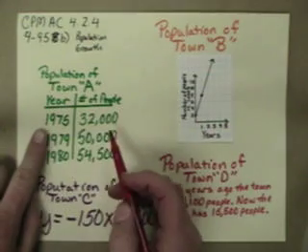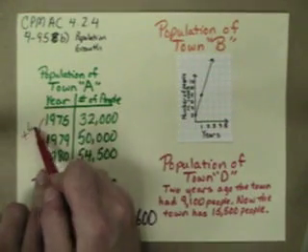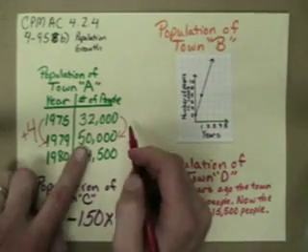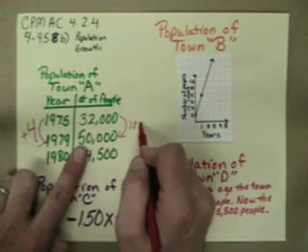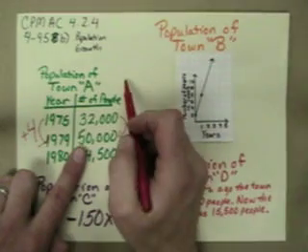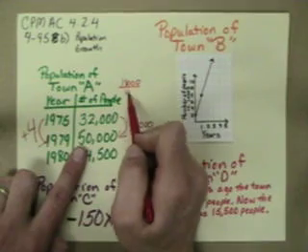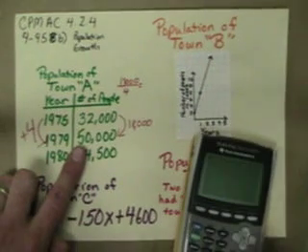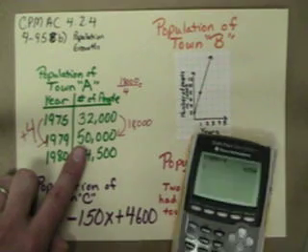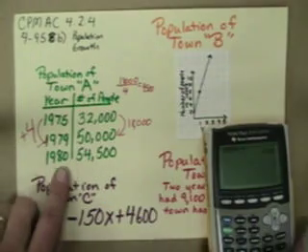And population of town A. Well, I noticed that town A went up by 4 there. And here it went up by, I believe, 18,000. So the way I told you in the last question is just basically take the 18,000, break it up into 4 groups, and I get that that's a growth of 4,500 people per year.